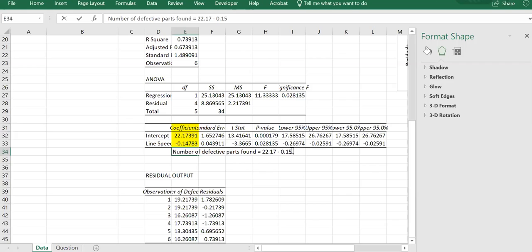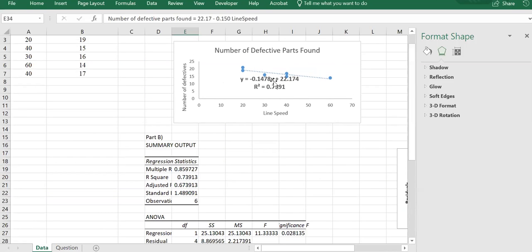I mean, even if you want to round it up with 3 decimals, it's going to be 0.150 line speed. So that's the equation that we have, and it should be exactly the same as what we had here.